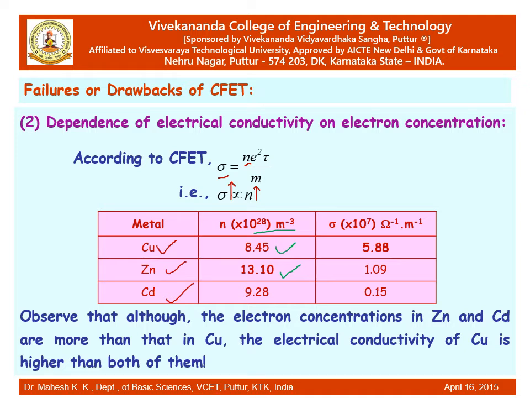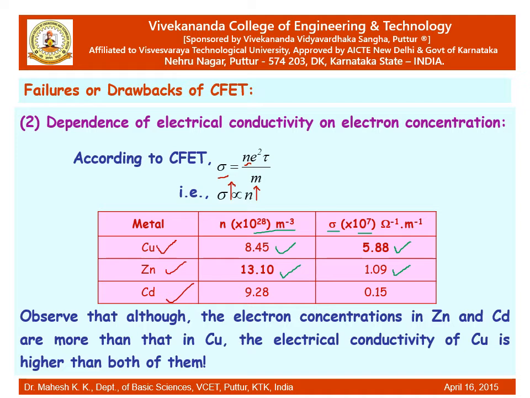Okay, but if you consider the conductivity, that is sigma, then you see that for copper the value of sigma is more, that is 5.88 × 10^7 ohm⁻¹ m⁻¹, whereas for zinc it is just 1.09.